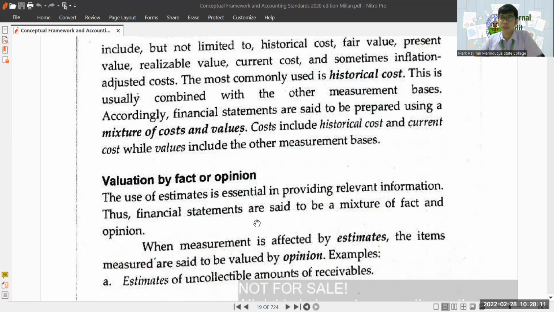So, ang gusto lang sabihin dito, no, yung mga values or mga figures ng line items sa financial statements, hindi siya lang yung mga cost. Kumbaga, meron daw mga amounts na estimate lang siya. Anyway, so proceed natin.